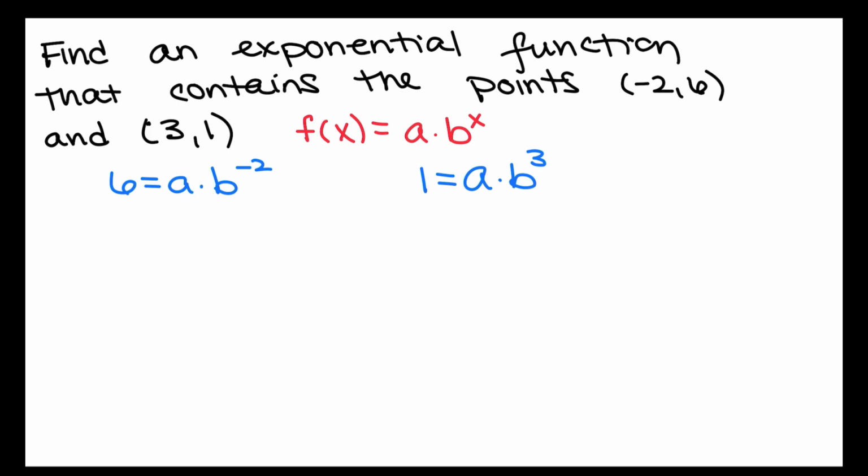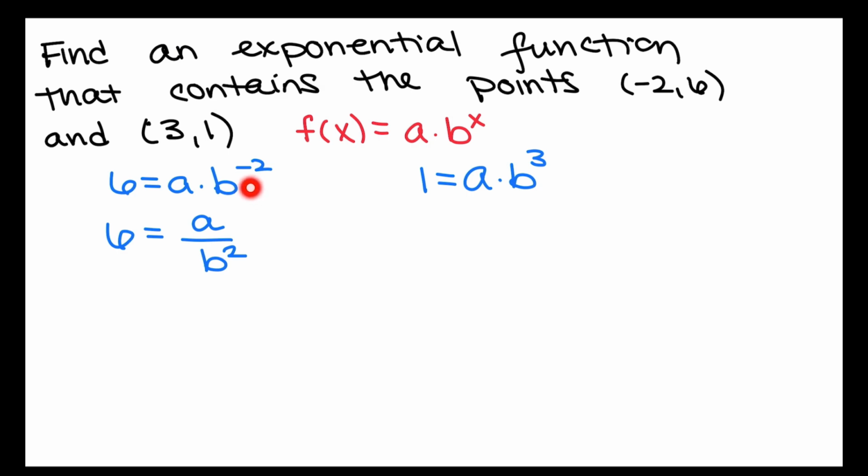So I have two equations and two unknowns. To solve this, I'm going to pick one of the equations, and I'll start with the equation on the left. And I'm going to try to solve this equation for one variable. To help me solve this equation, I know that when we have negative exponents, they actually mean reciprocals.